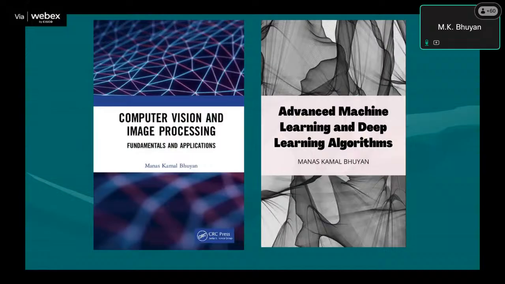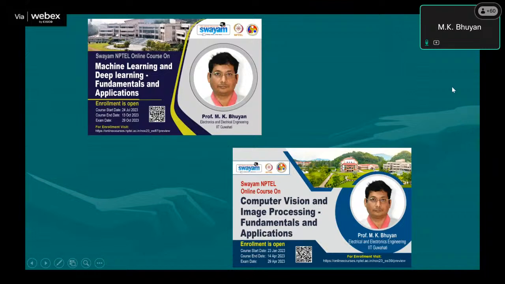In the second book, you can see all the discussions about the transformer and all the deep learning concepts. And already he mentioned these two NPTEL courses: one is machine learning and deep learning, and one is computer vision and image processing. You can see related videos from these two NPTEL courses.